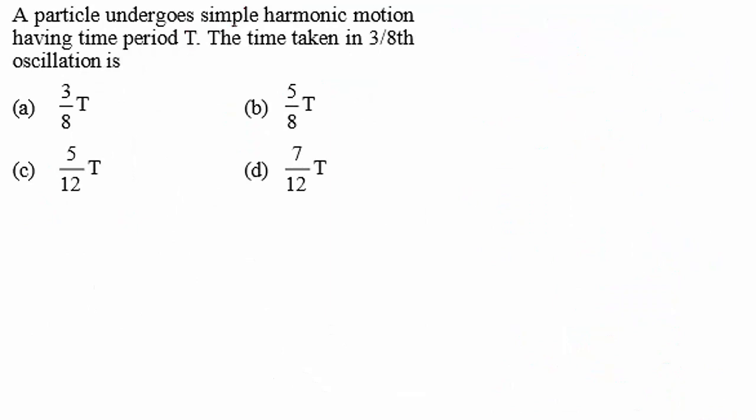A particle undergoes simple harmonic motion having a time period T. The time taken in 3/8 oscillation is? See here, we want the time taken in 3/8 oscillation. I can write t(3/8).